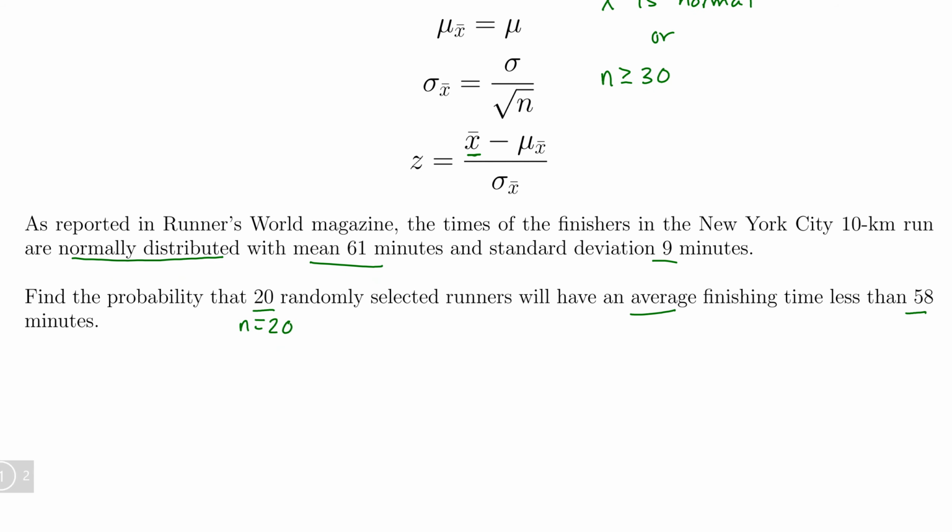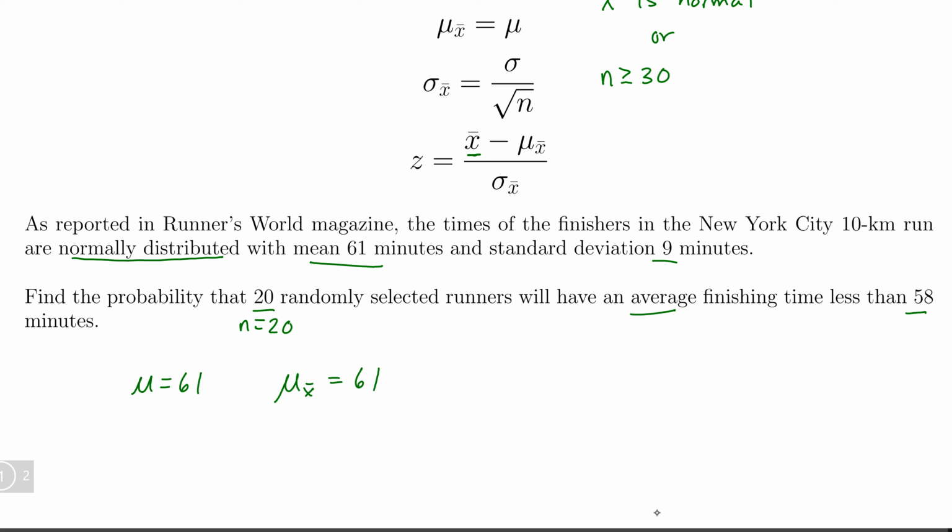So we know that mu is 61 minutes, which means that mu for the x bar distribution is also 61. We know that sigma is 9 minutes, which means that sigma for the x bar distribution will be calculated by dividing 9 by the square root of n, which is 20.